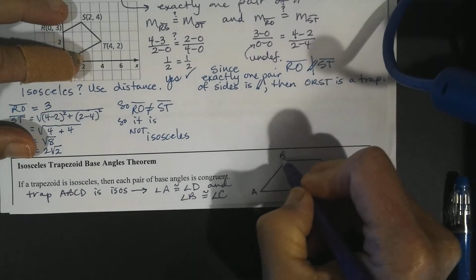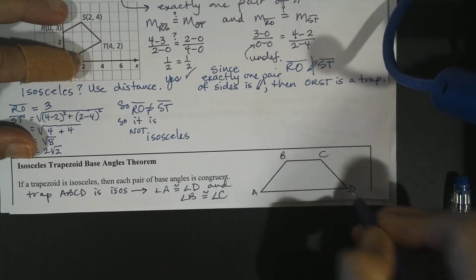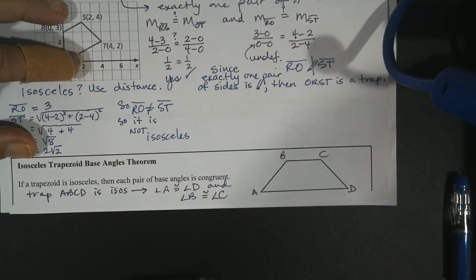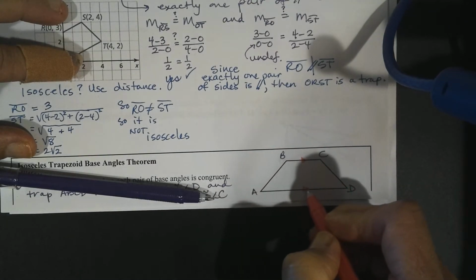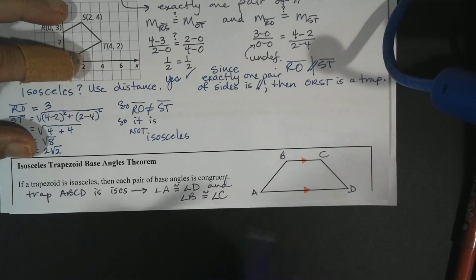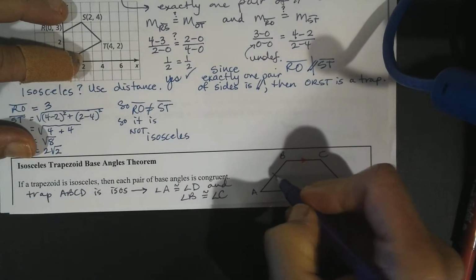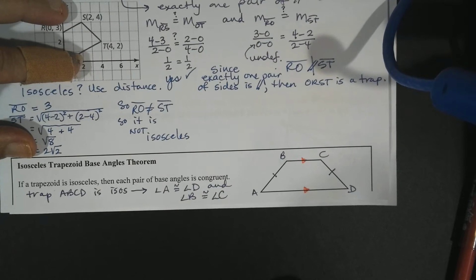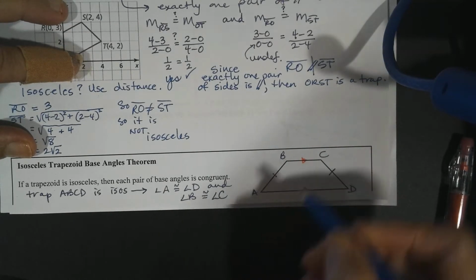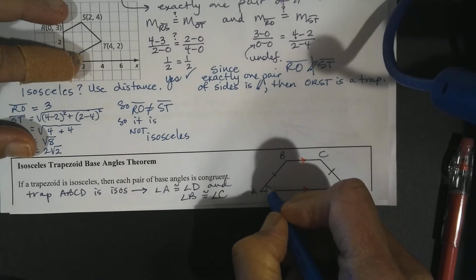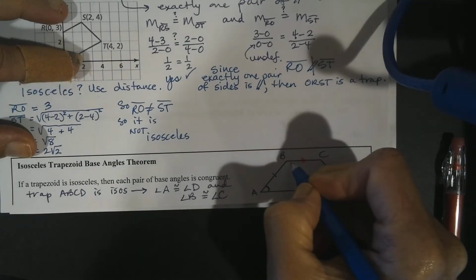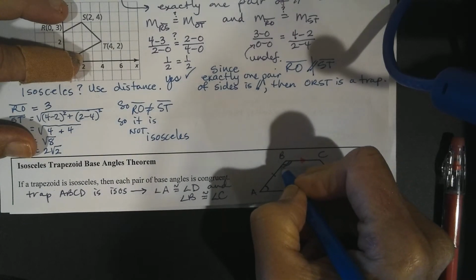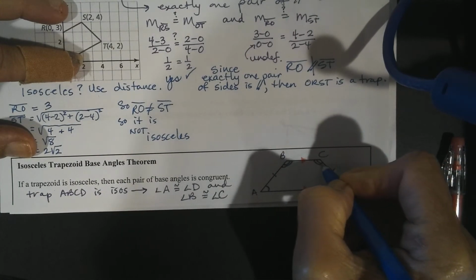A, B, C, and D. I know that it is parallel here, parallel here. I get that it is isosceles, which means that angle A is congruent to angle D, and angle B is congruent to angle C.